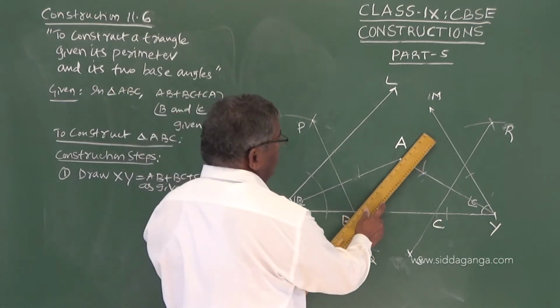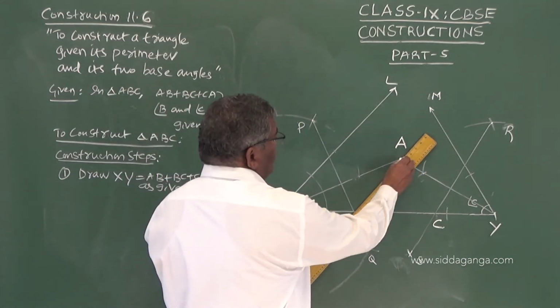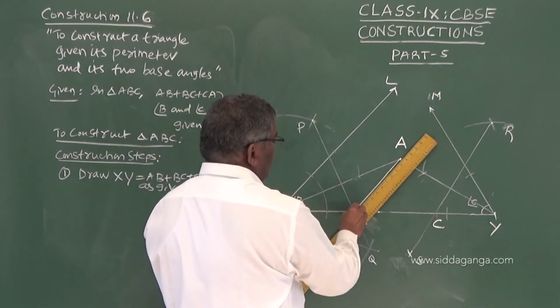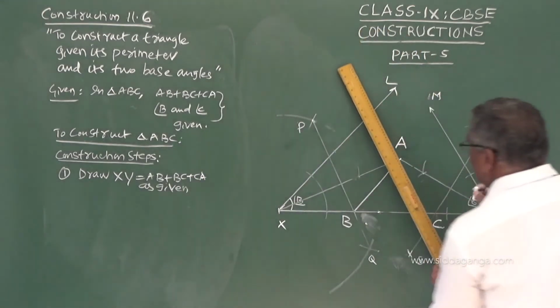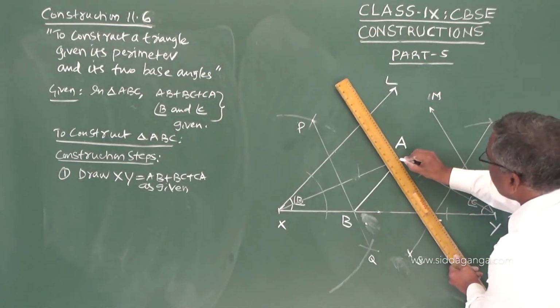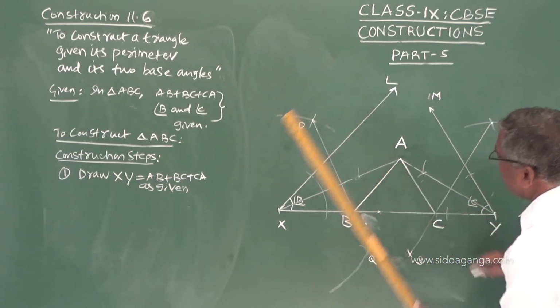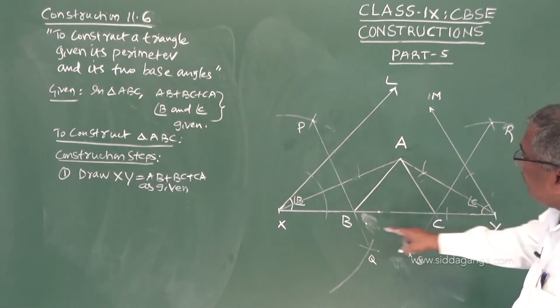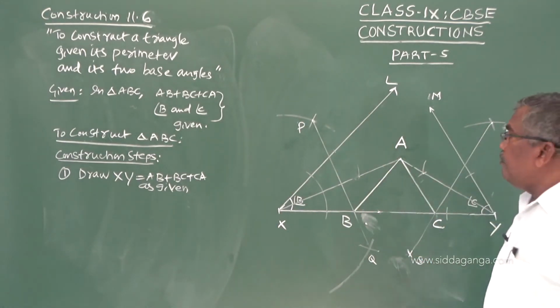Join AB. Join AC. Now we got the triangle, the required triangle ABC.